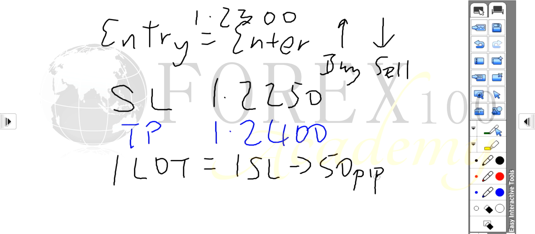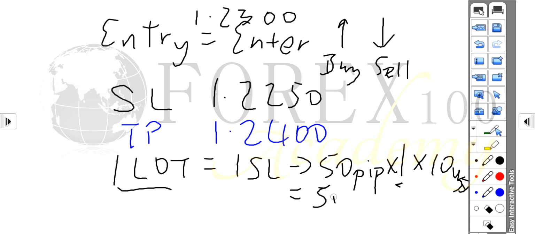And 50 pips multiplied by one standard contract that you are trading here, multiplied by 10 USD per pip movement, that will bring you to 500 USD losses if the market goes against you.